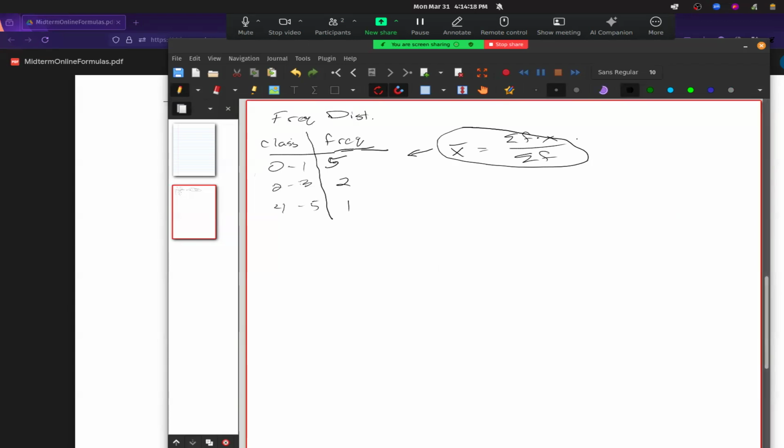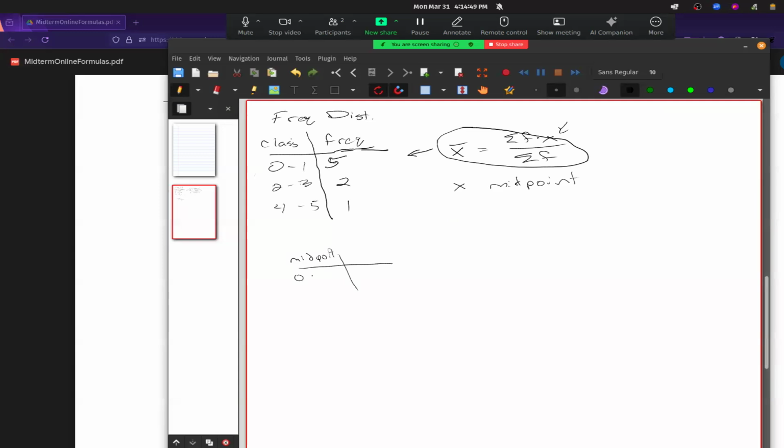So when you've got a frequency distribution, that's where this mean formula is going to come in. The x in this formula is not actually listed here. So the x is the midpoint of each class. For example, to get the midpoint of the first class, what you'd do is maybe create another table where this is the midpoint.